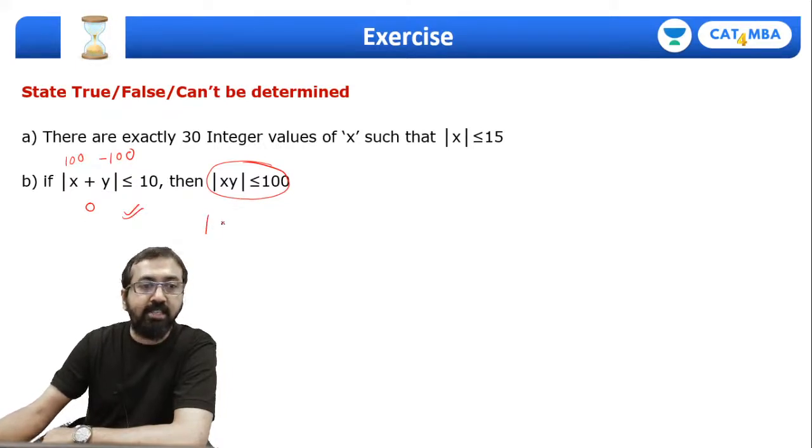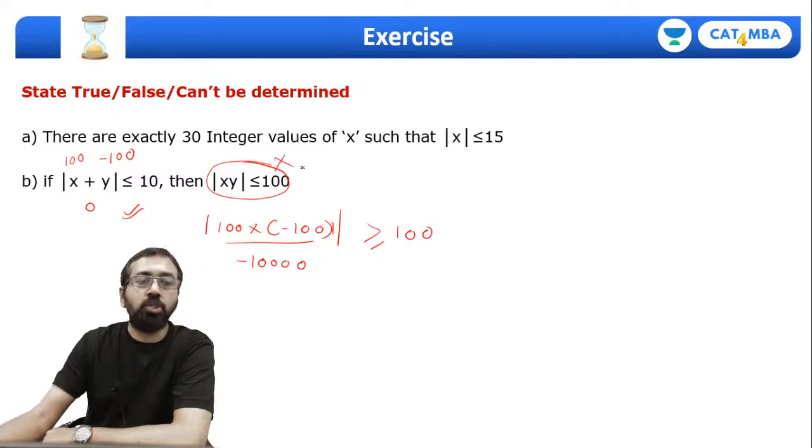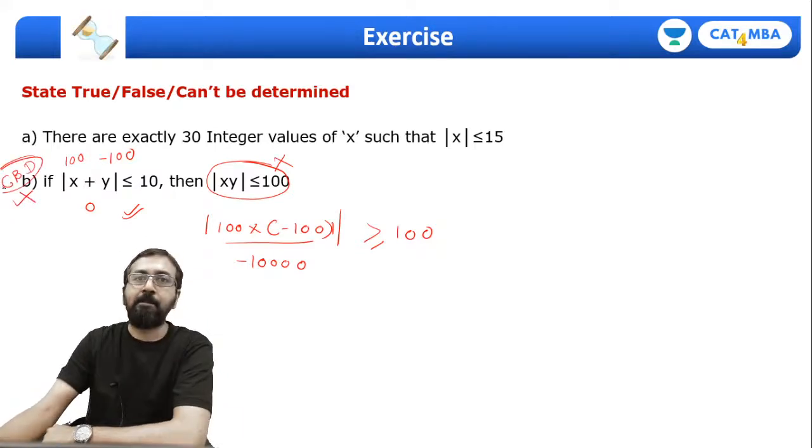Now if I take this product 100 into minus 100, and then modulus of this, this is going to be negative 10,000 and modulus of that will be positive 10,000, and it will be greater than 100. So this is proven wrong. So this statement may be true, it may be false. So that's why we'll say it cannot be determined, right?